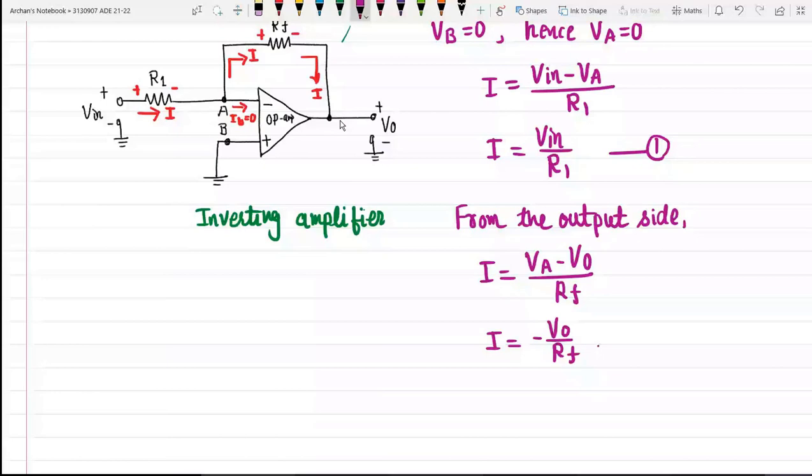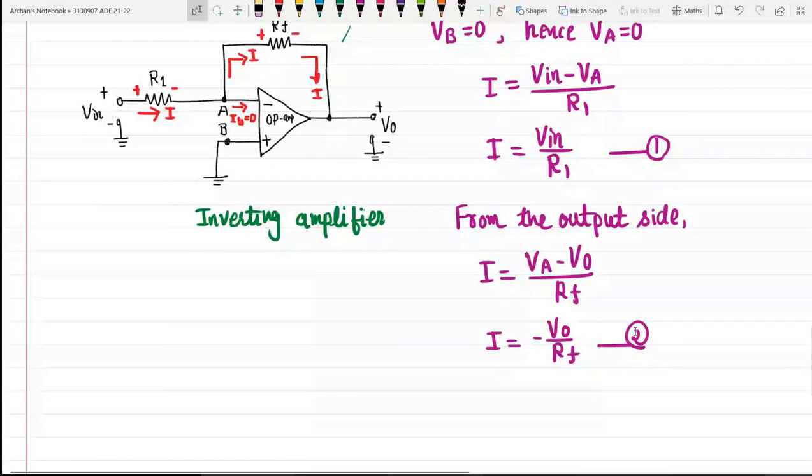So this is the magnitude of current I on the output side, and this is the magnitude of current I on the input side. See, the magnitude of both equations 1 and 2 is the same, because the entire current I passes through the feedback resistance, as the op amp input current is equal to 0. So we can say the magnitude of equation 1 and equation 2 is the same, so we can equate these two equations.